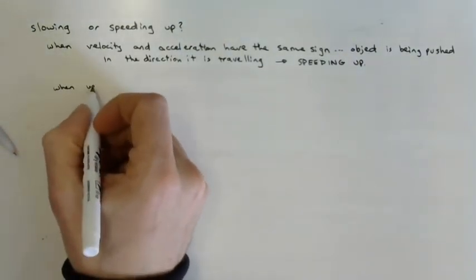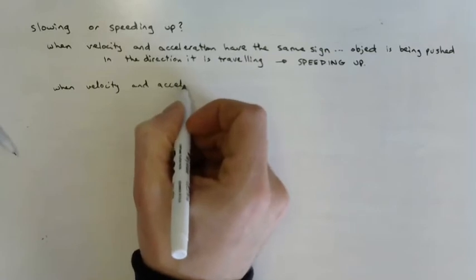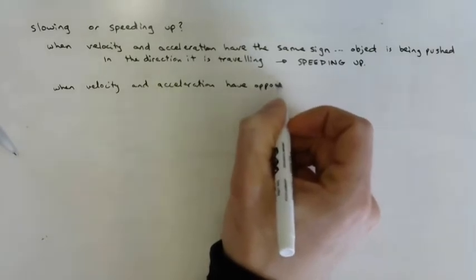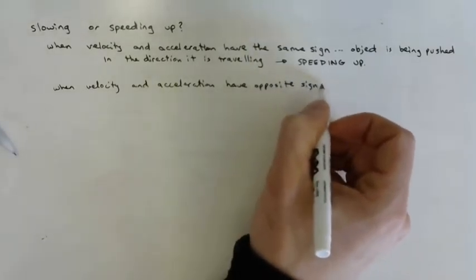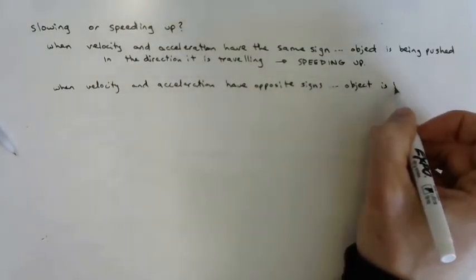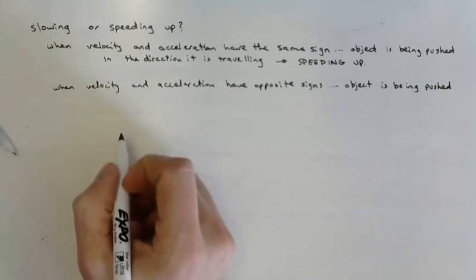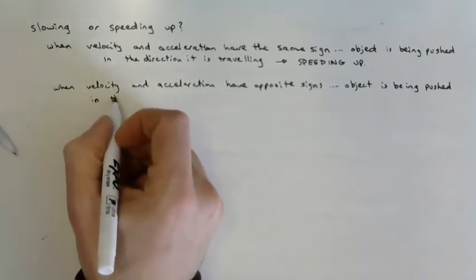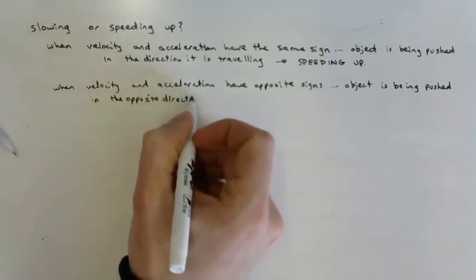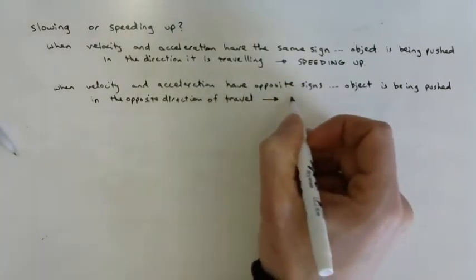When velocity and acceleration have opposite signs, the object is being pushed in the opposite direction of travel, then it would be slowing down.